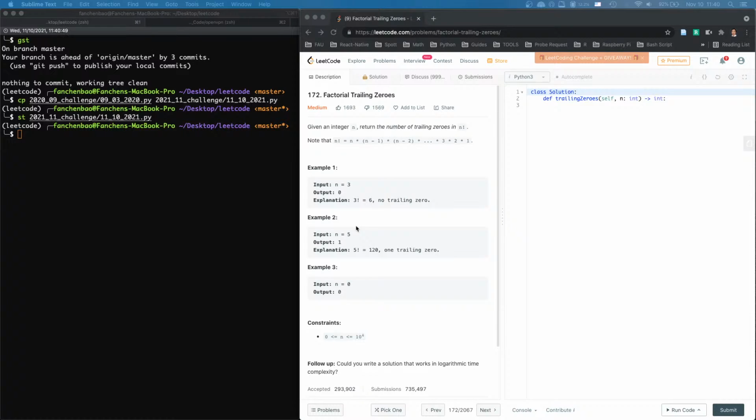Yeah, the only way to get 0 is ending with 5, right? And then we multiply by an even number. Like 25 times 4. There we go. Yeah, that's your counterexample. 25 times 4. We can produce 2 trailing zeros.